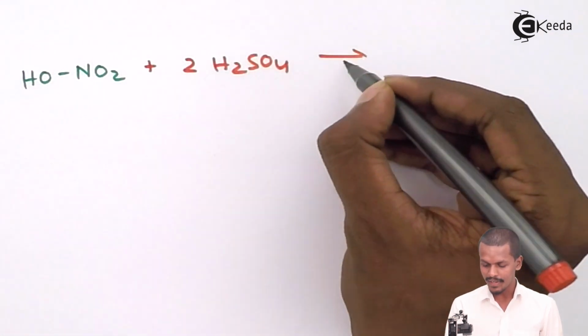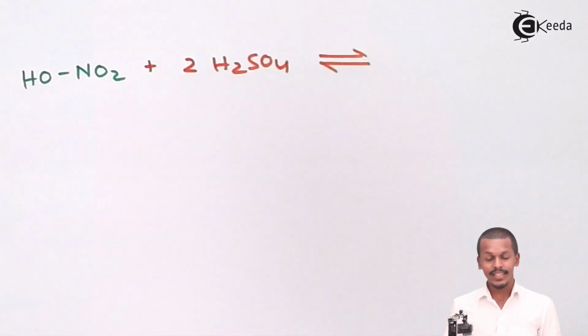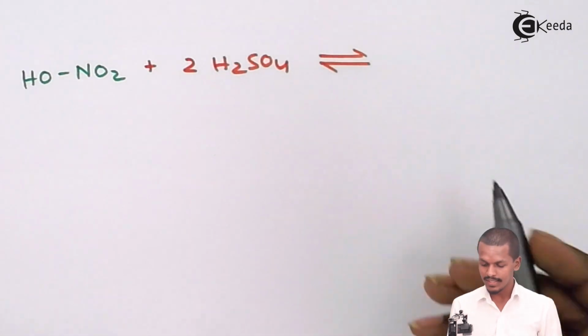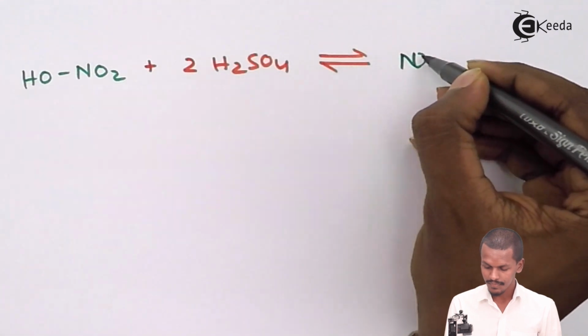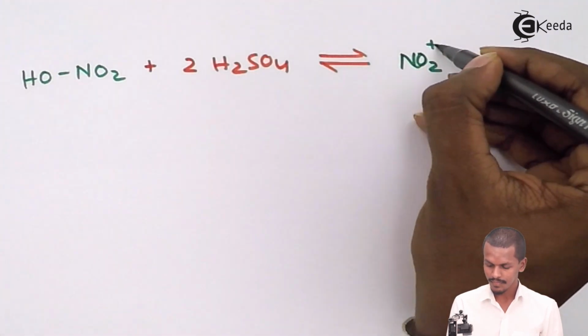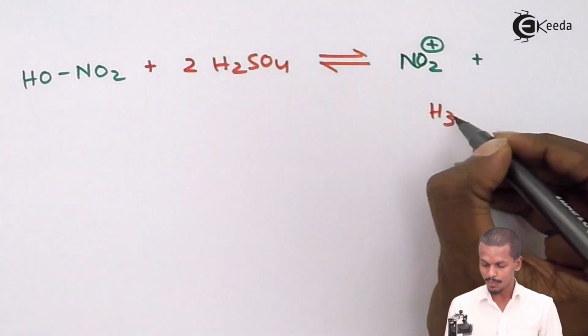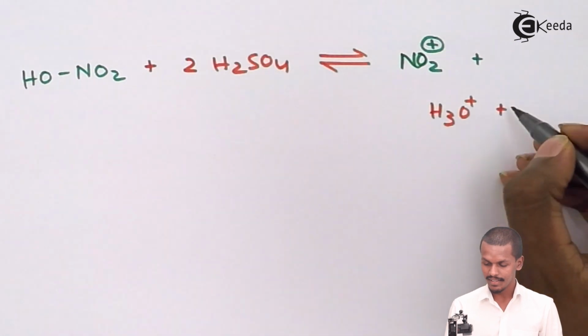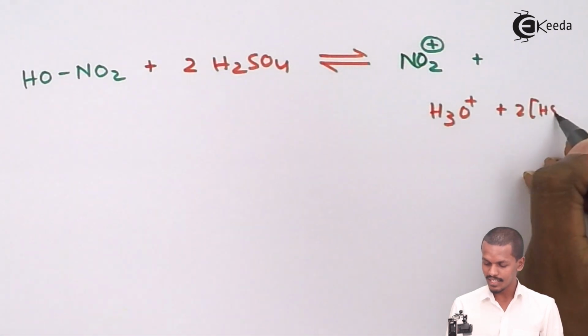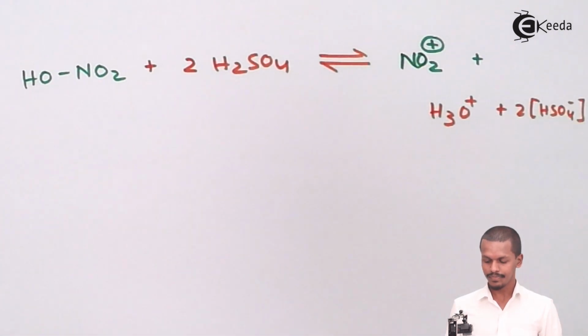In this process the NO2 plus ion will be produced, along with other species like H3O plus and 2 moles of HSO4 minus.